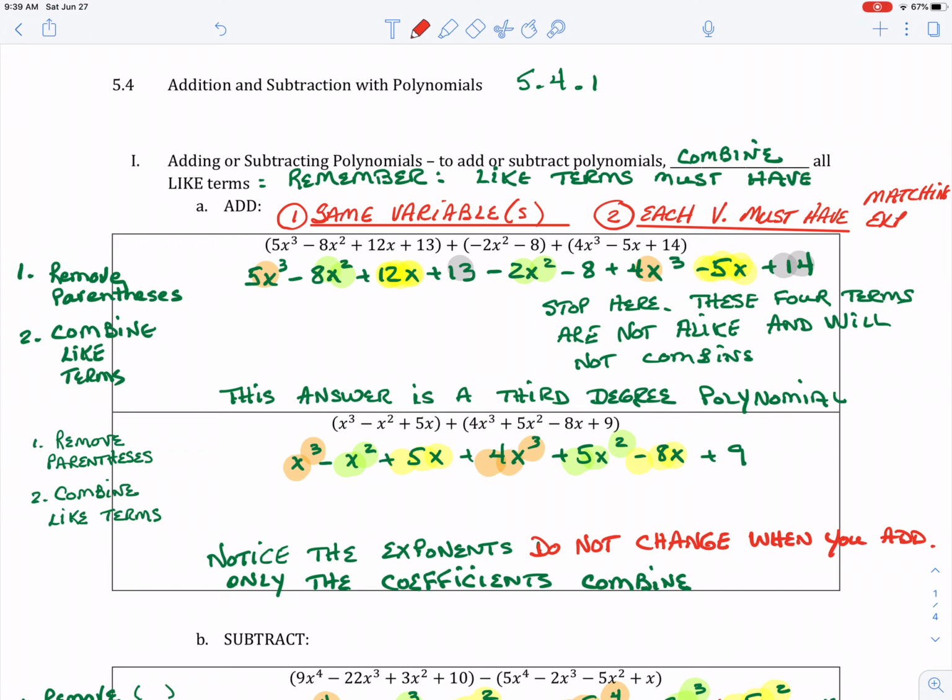All right, so we're looking for letters that are exactly the same in the term. We are looking for exponents that are exactly the same when we're looking for like terms.